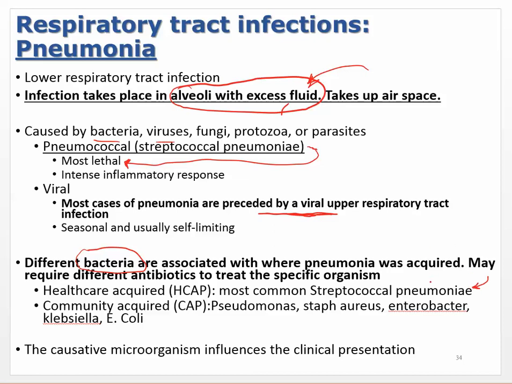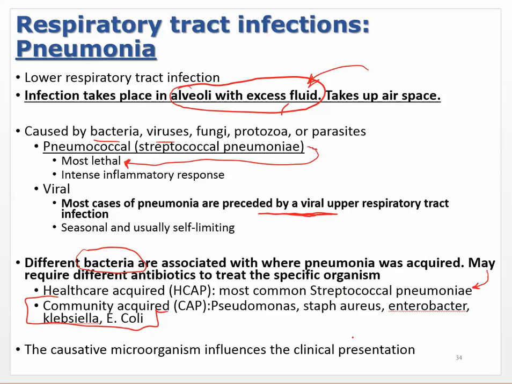And it can be antibiotic resistant, of course, because there are so many antibiotics, especially in a hospital setting, and some of these patients receive so many antibiotics that this particular strain has figured out a way to survive that. Community acquired can be a lot of different ones: Pseudomonas, Staph aureus, Enterobacter, E. coli, Klebsiella. I was going to not say that, but there you go. And so community acquired can be a number of them.